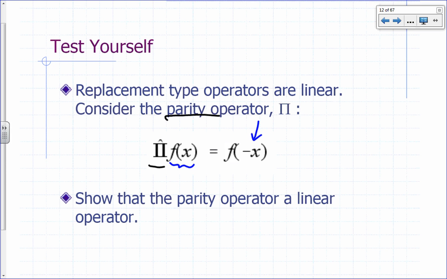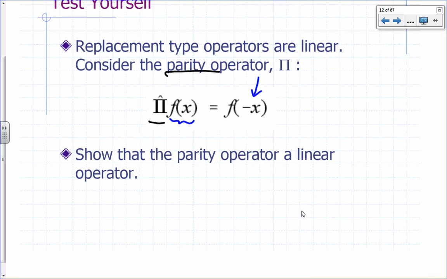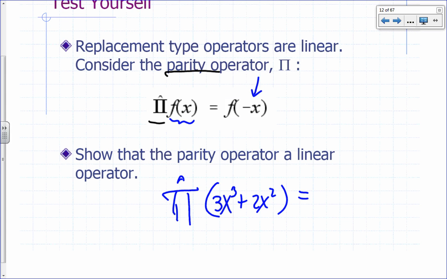Let me just illustrate. If I were to apply the parity operator on 3x cubed plus 2x squared, what would that give me based on that definition?